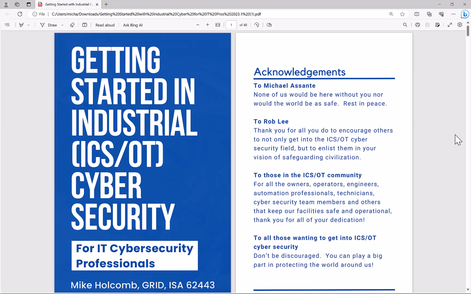So I'm going to try and get through this and hit the highlights, but not read the entire book to everybody, to help speed things along. But I did want to put this together as basically a list of resources and give people an idea of how to get into ICS OT cybersecurity, because it is the most common question I get today by far, and I wanted to again give folks different resources to help them in that journey.